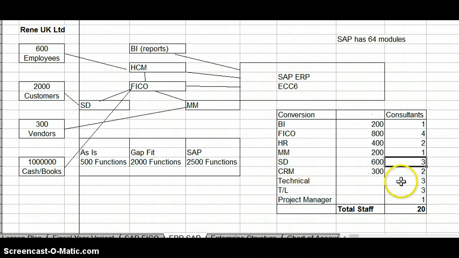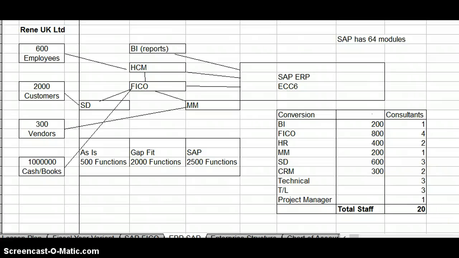You need an additional 3 staff to take care of technical issues, and then an additional 3 staff for T&L, and I have to be honest with you, I'm not sure exactly what T&L is because I'm copying from a Blackboard that somebody wrote. And then you would have 1 project manager, so you would need a total of 20 staff to convert a QuickBooks system over to SAP.